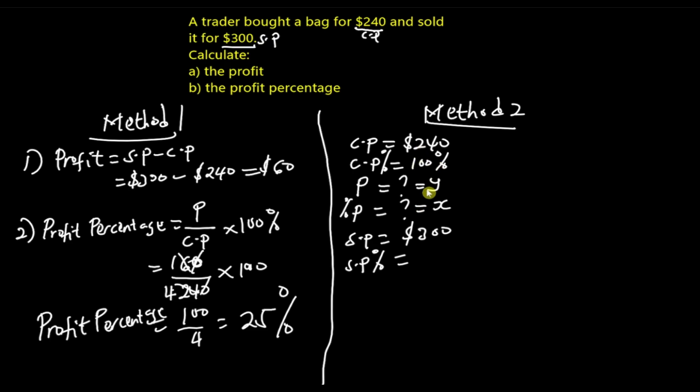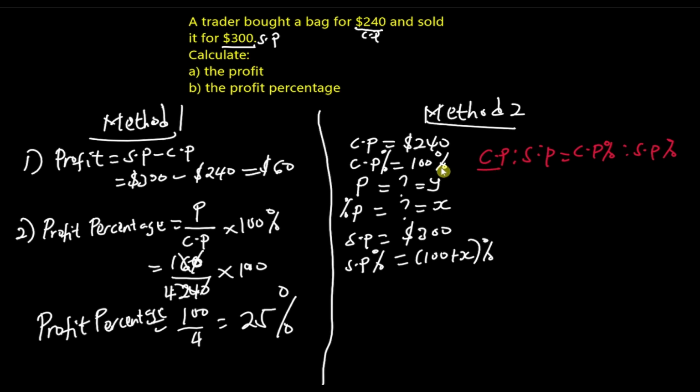Now to get the selling price percent, just add the profit percent and the cost price percent. So 100 plus X percent. Now the first one, we have the cost price, we have the cost price percent, we have the selling price, and so over here we can make a ratio as the cost price to the selling price equal to the cost price percent to the selling price percent.